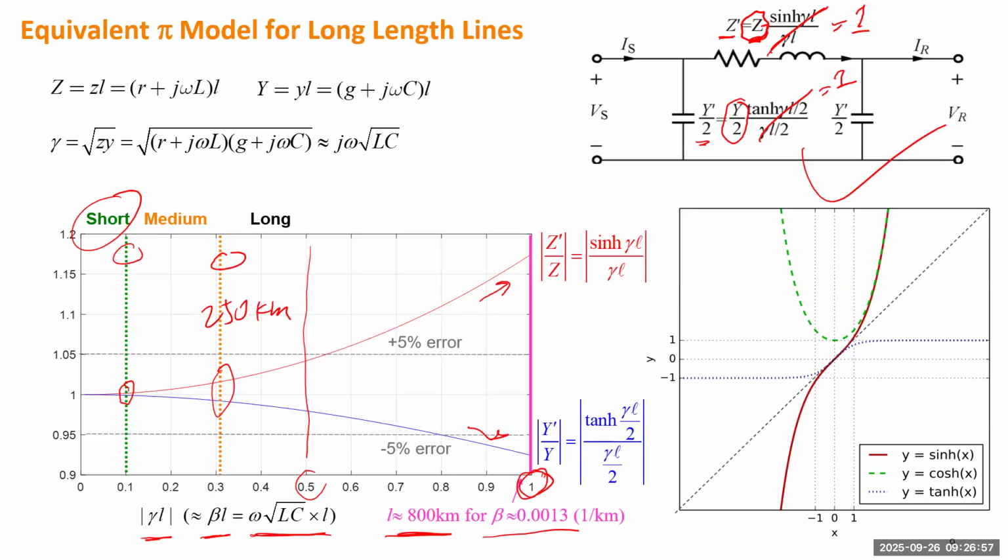The error is about 2%. If it's shorter than this, the error can be even smaller. But beyond 250 kilometers, the error will be bigger, close to 5% or even bigger. So that's why, for the long line model, to make sure the calculation is accurate, we first need to convert Z to Z prime and Y to Y prime.